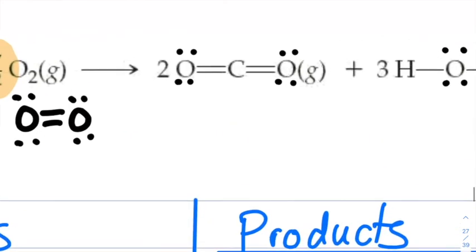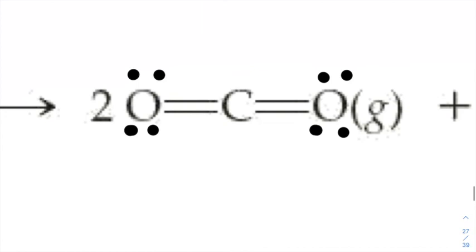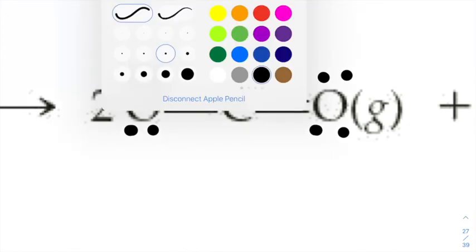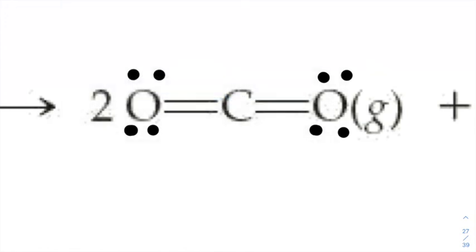First off, I want to look at our carbon dioxide. So carbon dioxide, CO2, based on our balanced chemical equation, we have 2 of them. So let me go ahead and draw out one more of these.